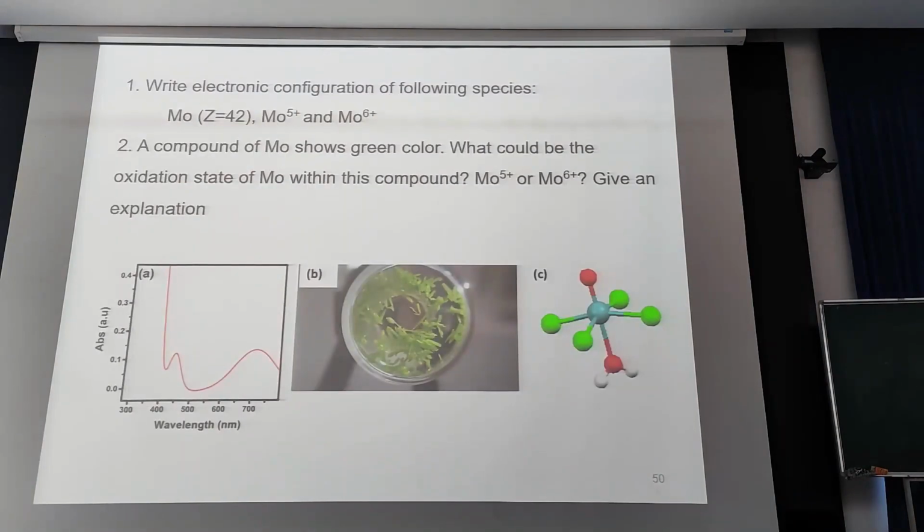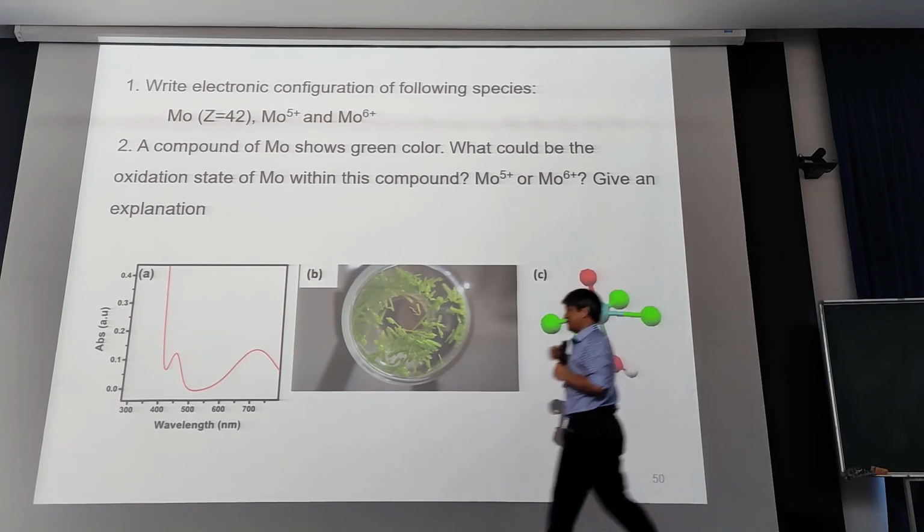So here is one example for you guys, I want to discuss before we end our lecture. First, can you write the electronic configuration of molybdenum? And the second question is about a compound of molybdenum, the green color one.